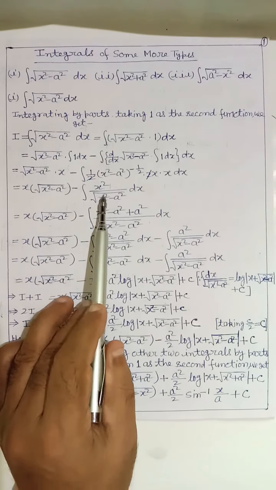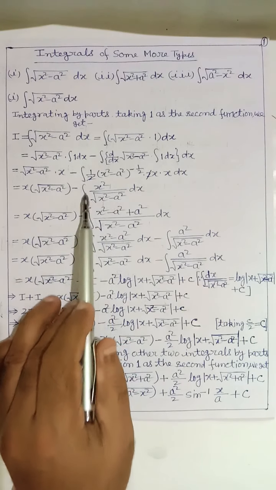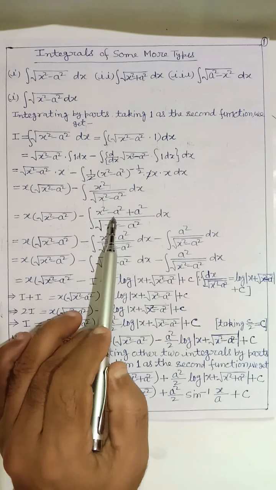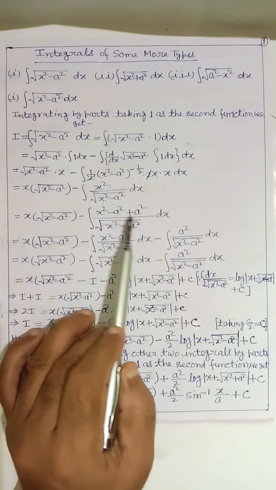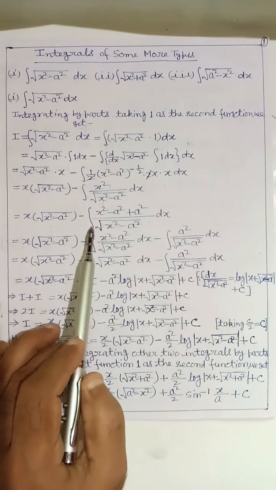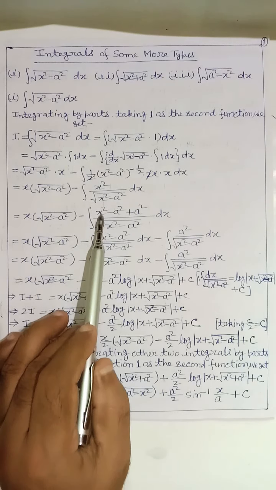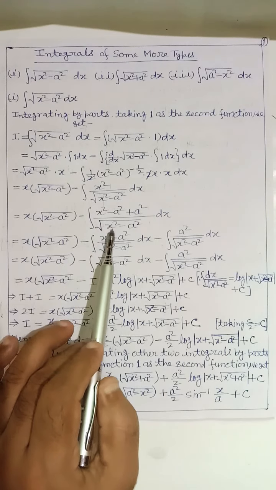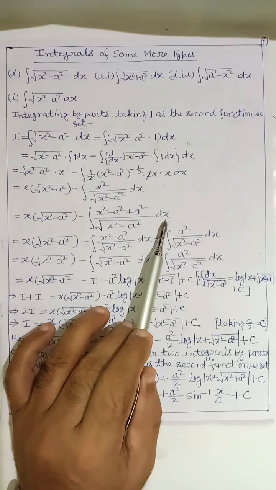Here in the second integral we subtract a square and add a square, so we get integral of x square minus a square plus a square by square root of x square minus a square dx.